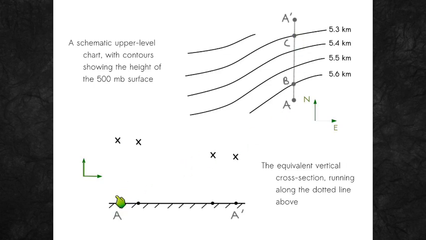So this is saying places where we hit 500 millibars higher above the ground, that had to correspond to the A side, and places where we hit it closer to the ground, that had to correspond to the A prime side. And the 2 points in between, those must be B and C then, with B towards the southern side where the heights are higher and C towards the northern side where the heights are a bit lower.